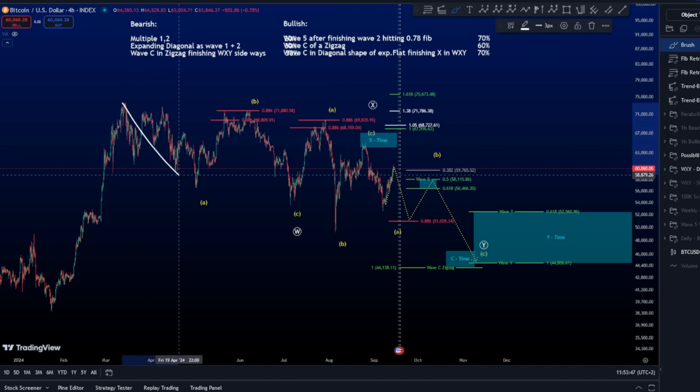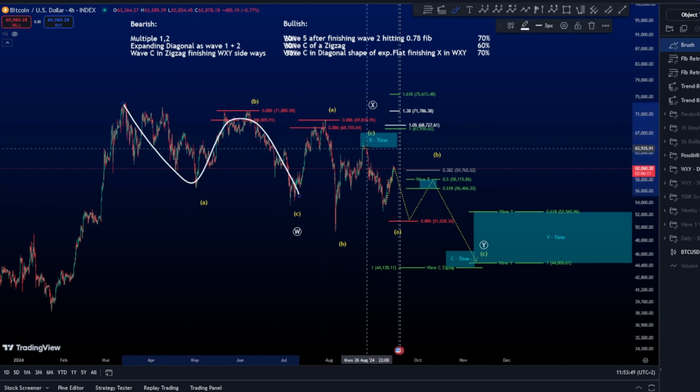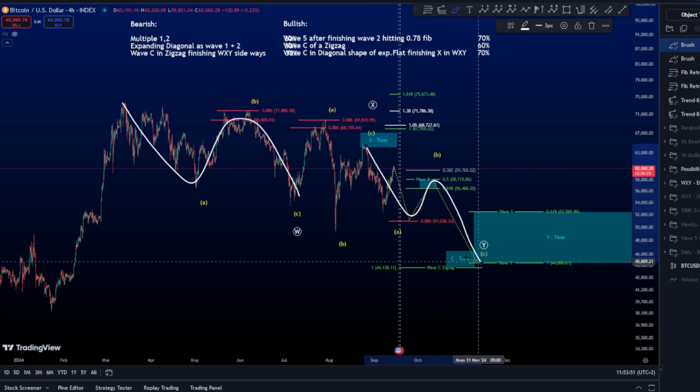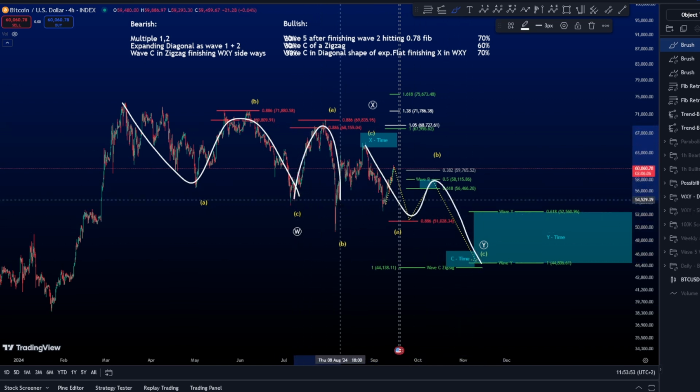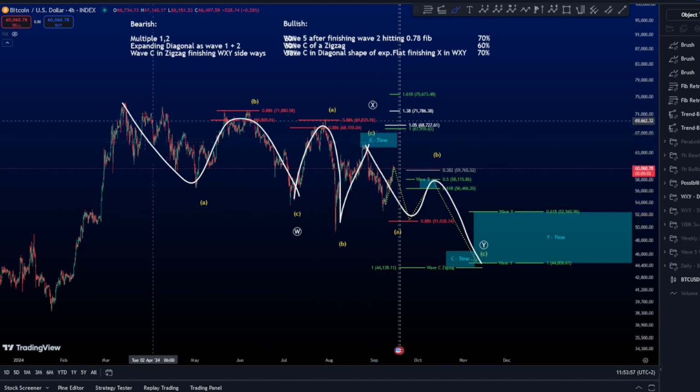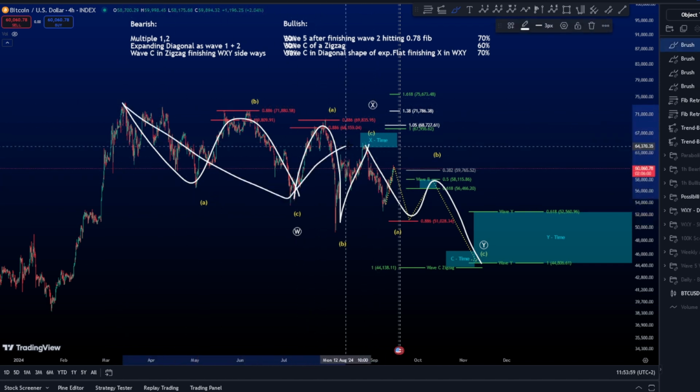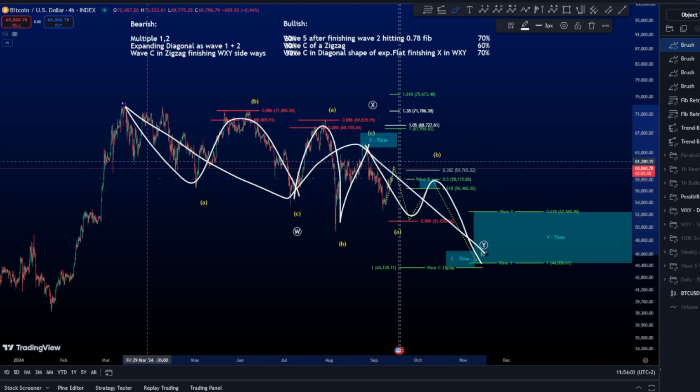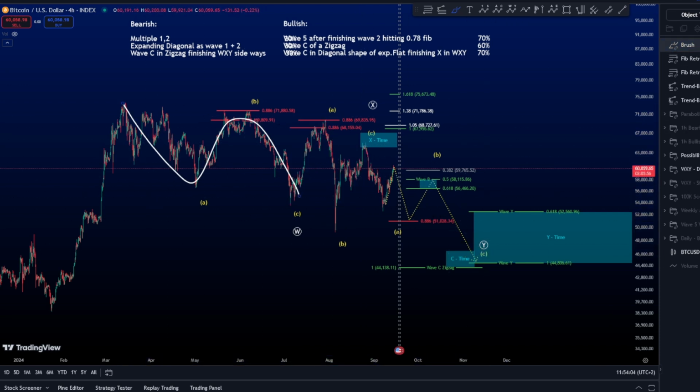Double zigzag means this is your first zigzag, this is your second zigzag, and this is your running flat in between for a wave X. Therefore, this is your WXY finishing a correction in 3 waves.